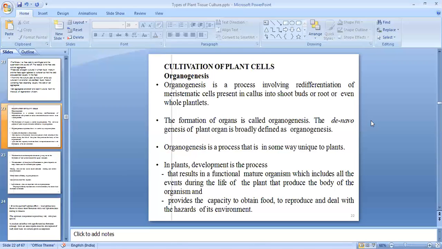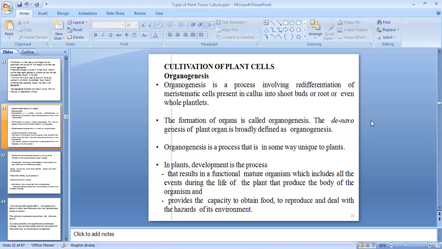In other words, the formation of organs is called organogenesis. What are the organs? They may be different parts of the plant like shoot, bud, root, etc. Organogenesis is a process which is very much unique to each and every plant.